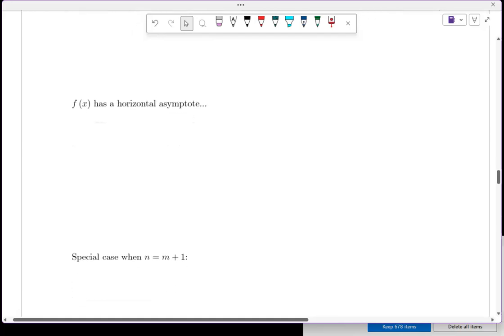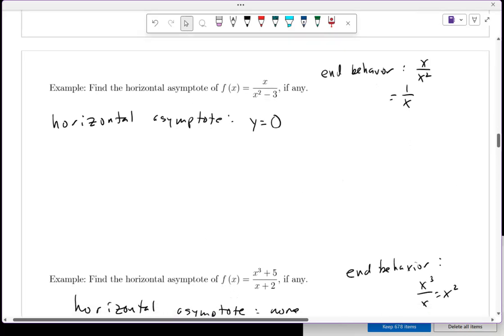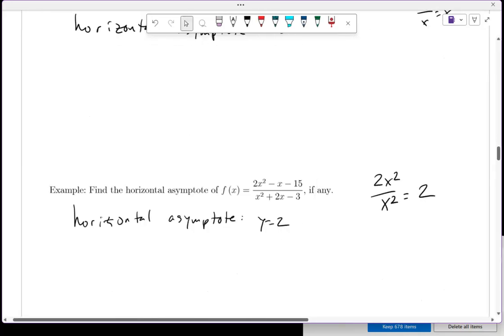Notice if I scroll back up to the previous page, we got a horizontal asymptote here when the degree of the top was less than the degree of the bottom, and the horizontal asymptote was y equals 0. We also got one here where the degrees were the same, and then we just had to look at the ratio of the leading coefficients.